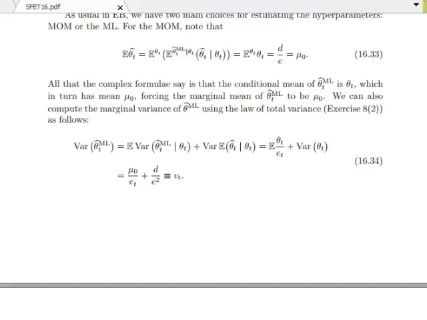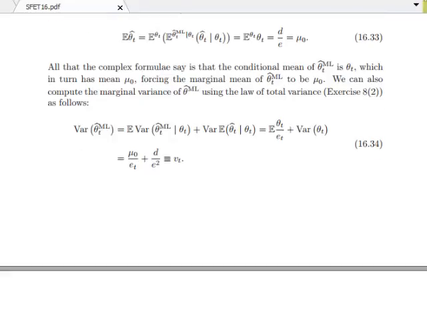So the method of moments is simple. You match the moments of the observations to the true parameters. So the expected value of theta is d over e, and that is mu naught. We've already done that. We know that the expected value of theta hat, the quality control measure, is the mean of the prior distribution.